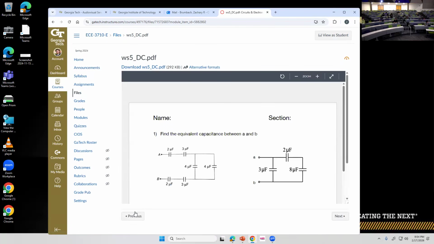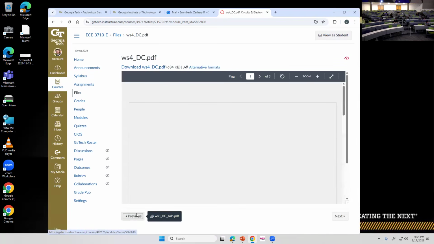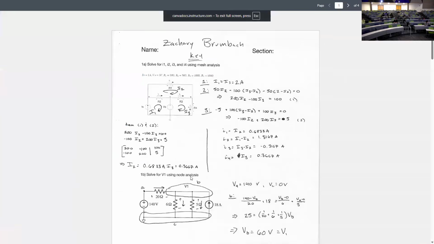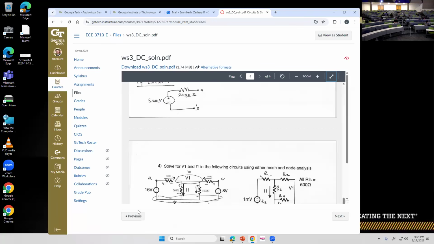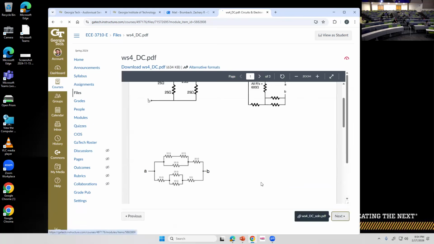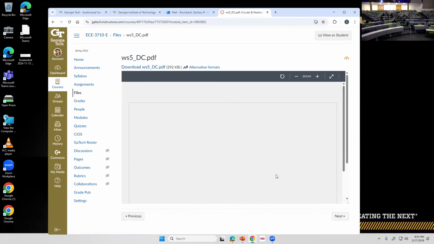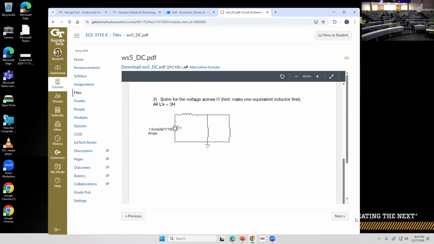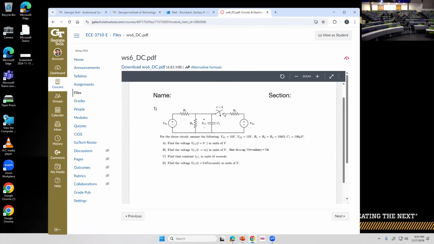It must have been worksheet 3 then. Apologies. Did I not upload it? No, I apologize, I guess I haven't uploaded it, but oh no, there it is. Worksheet 6. Something that looks like this.